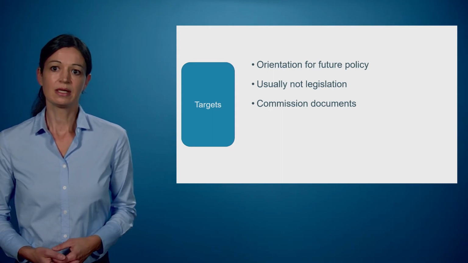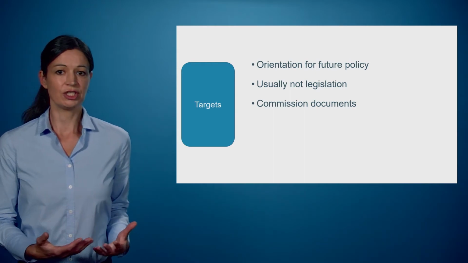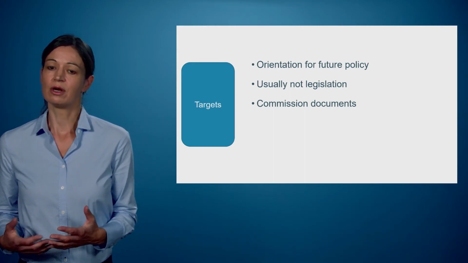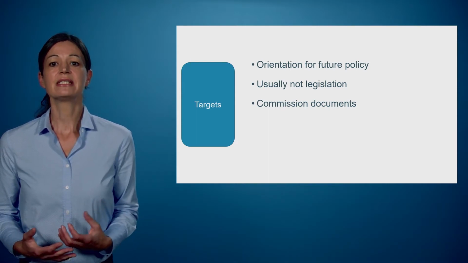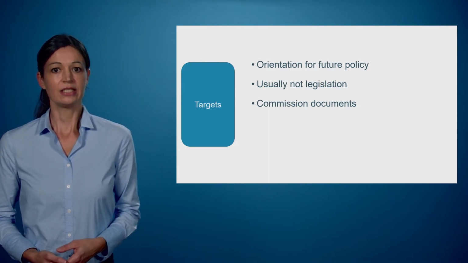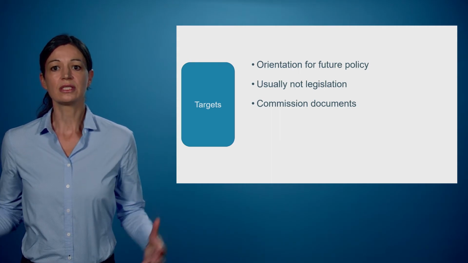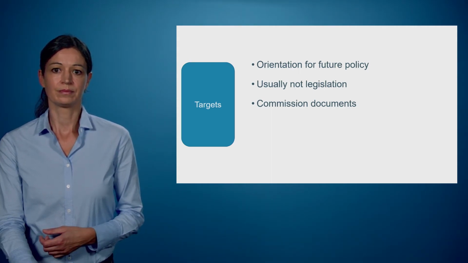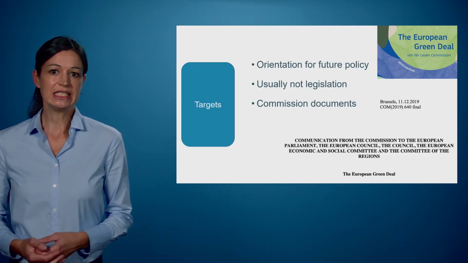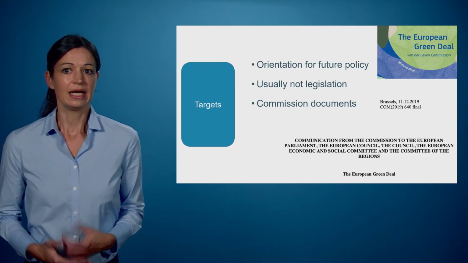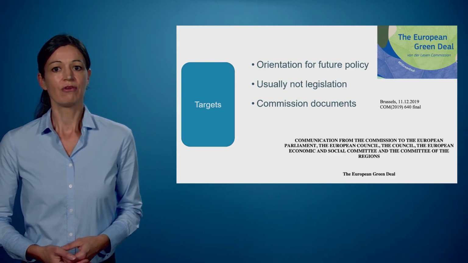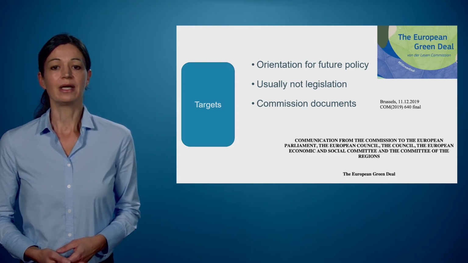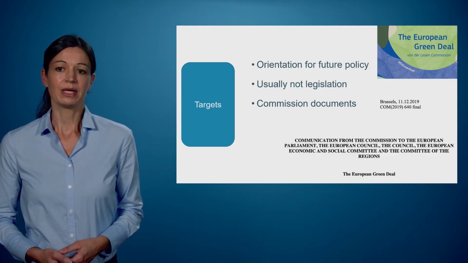The documents that the Commission adopts can be strategies, roadmaps, programs, or other types of documents. They have a signaling intention and also aim to build societal support. The European Green Deal communication is an example of this. It sets out an ambitious roadmap for the EU to become a climate-neutral region by 2050.